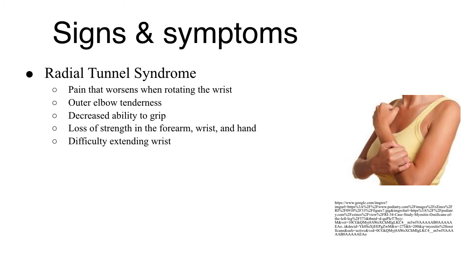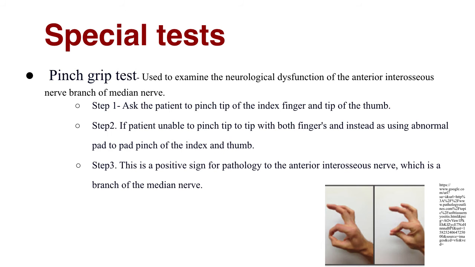Signs and symptoms. Pain that worsens with rotating the wrist, outer elbow tenderness, decreased ability to grip, loss of strength in the forearm, wrist, and hand, difficulty extending the wrist as well. A few special tests we're going to run through here is the pinch grip test, used to examine the neurological dysfunction of the anterior interosseous nerve branch of the median nerve.